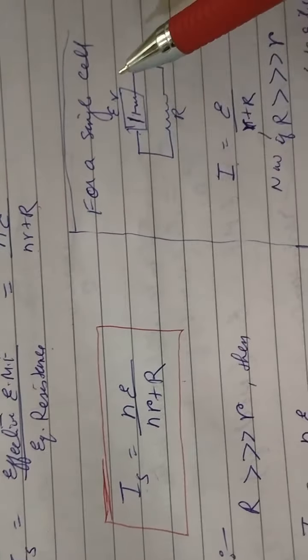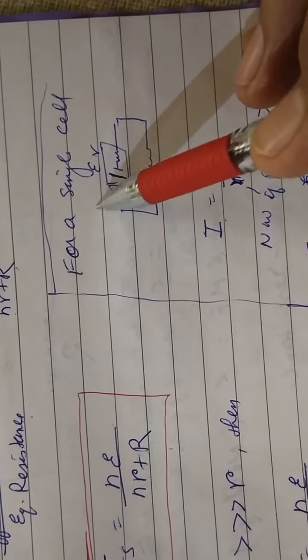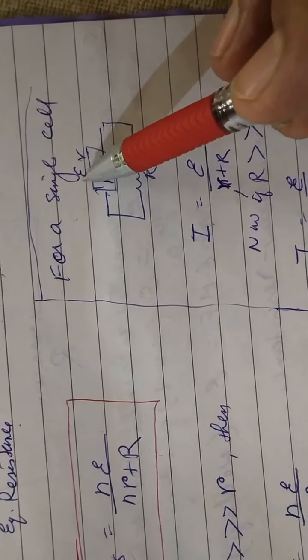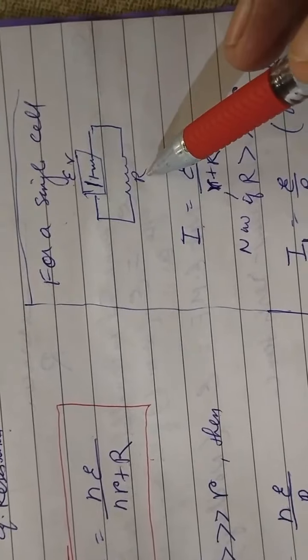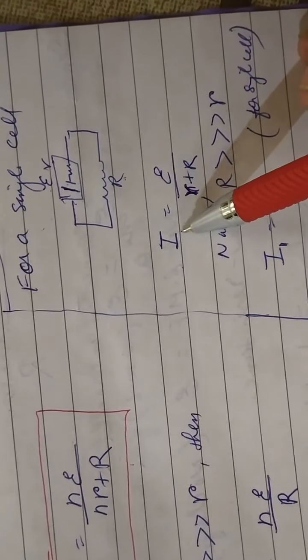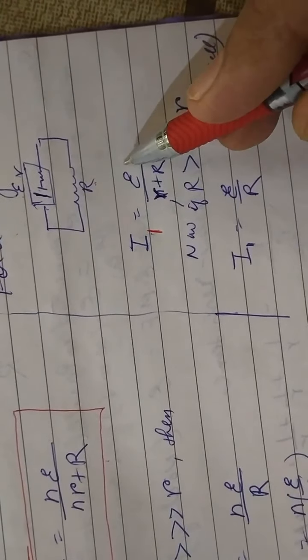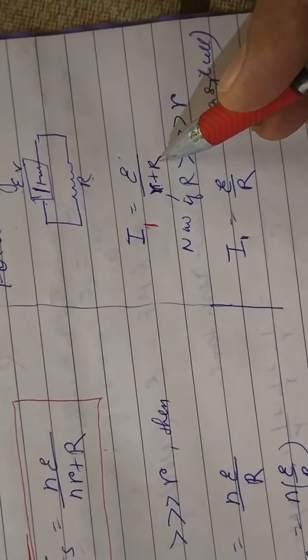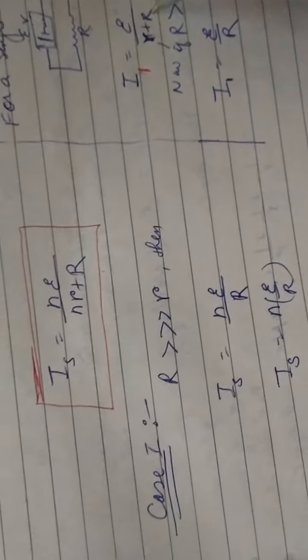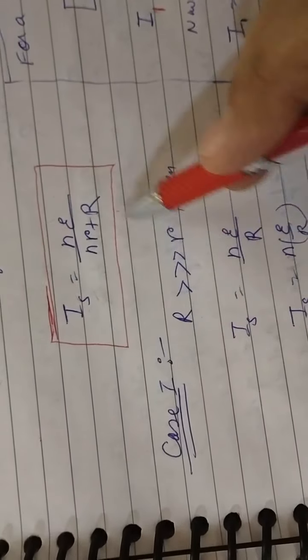Now if only one cell is there, E is the EMF, r is the internal resistance, R is the external resistance, so the current for a single cell is E upon r plus R. This is our formula.